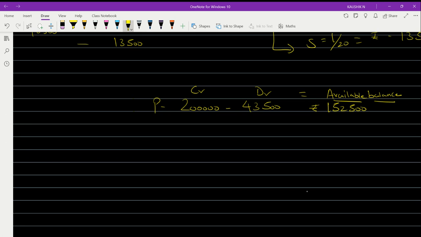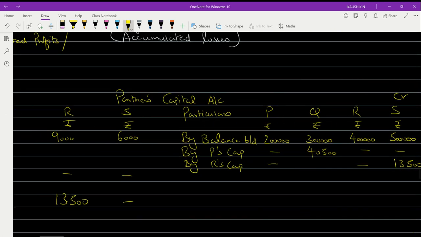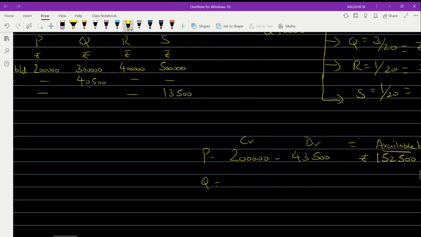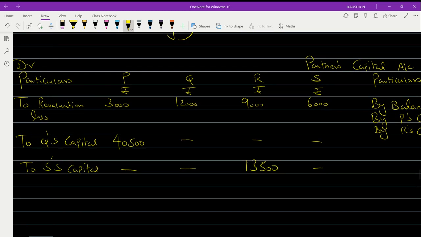Okay. The same way for Q, on the credit side, how much do we have? Okay. First, let me record the credit. 3,40,500. What is on the debit of partner Q?